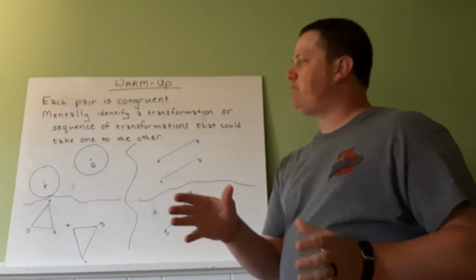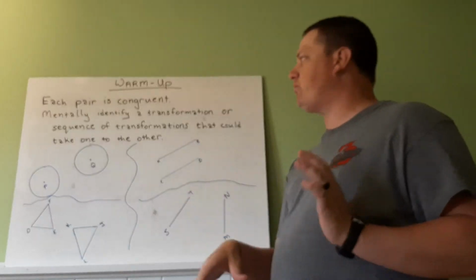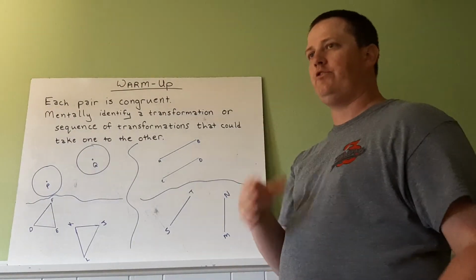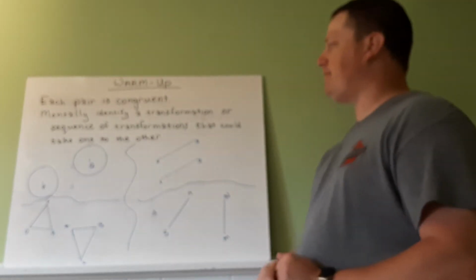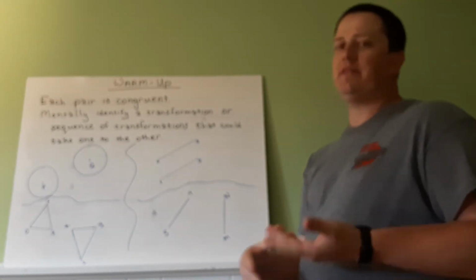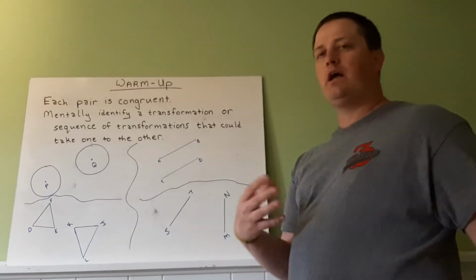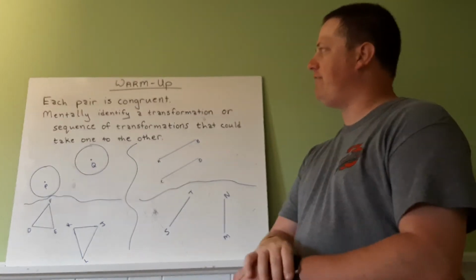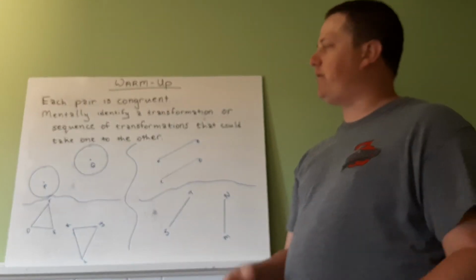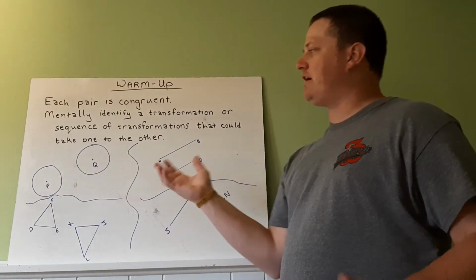All right, for this warm-up, you're just going to need to write down your mental transformation that you're using for these. I'll give you kind of an example that you can do, but there might be multiple answers, so come up with what you think will work. So each pair, we have 4 pairs of pictures here, are congruent. So like this circle and this circle are congruent.